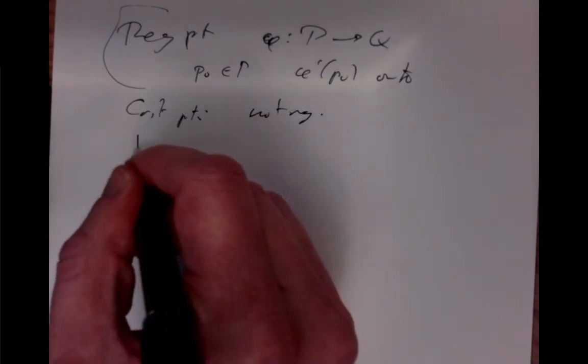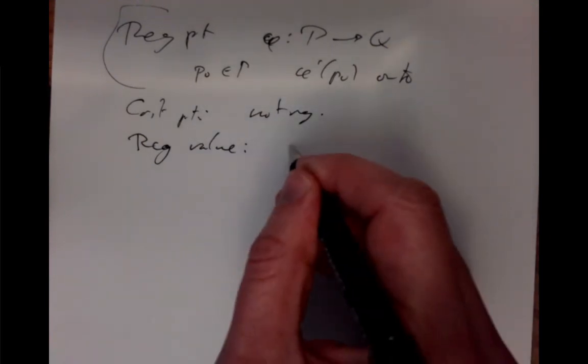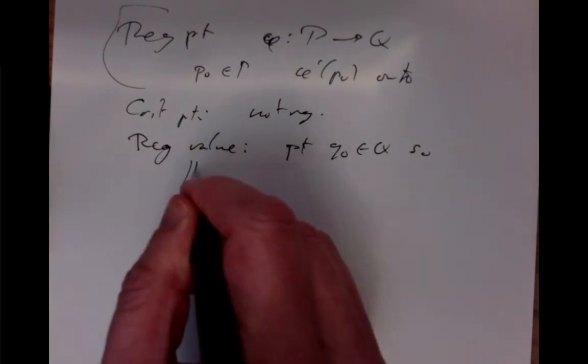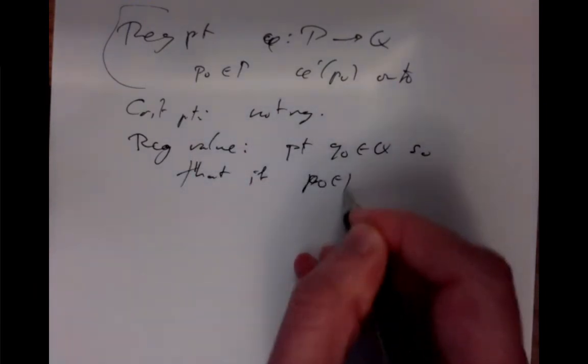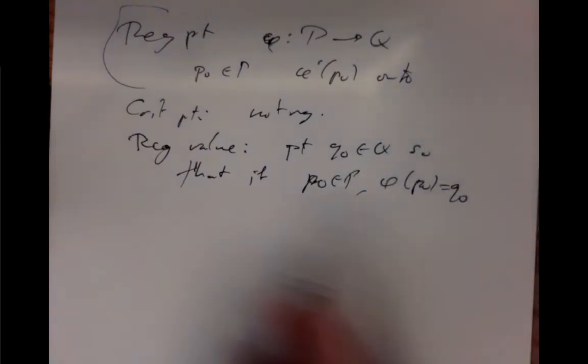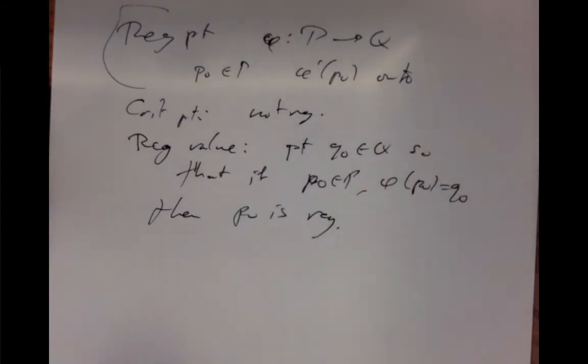A regular value, rather than a regular point, is a point Q0 in Q so that if some point P0 in P has value equal to Q0, then P0 is regular. So what does that mean?